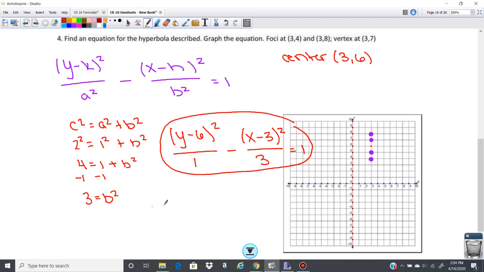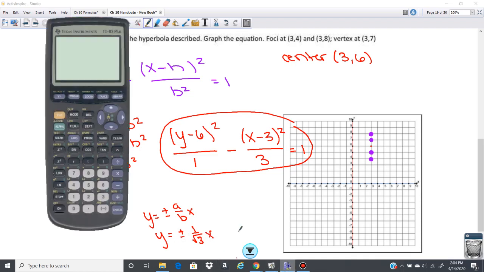And then our asymptotes, so we need our asymptotes to make this work. Your asymptotes are going to be y equals plus or minus a over b x when you have a y squared. The a here is 1 and the b is the square root of 3. Oh, that's a pain. Okay, plus or minus 1 over the square root of 3 x.